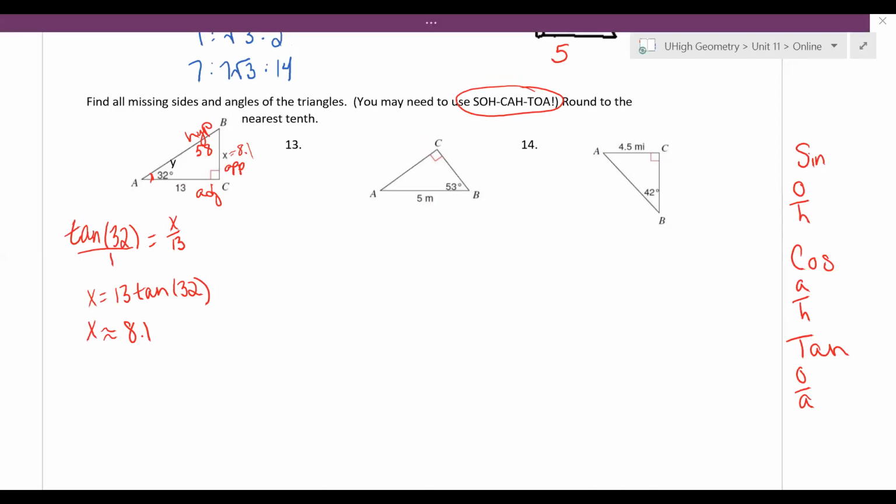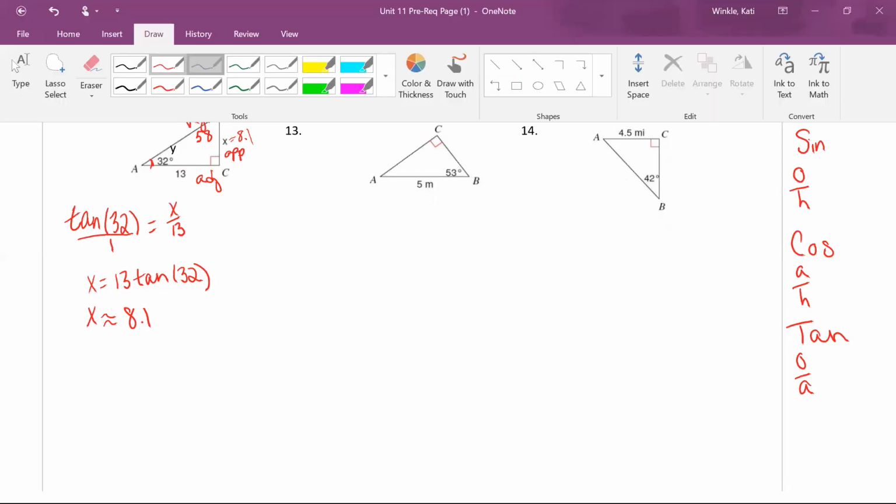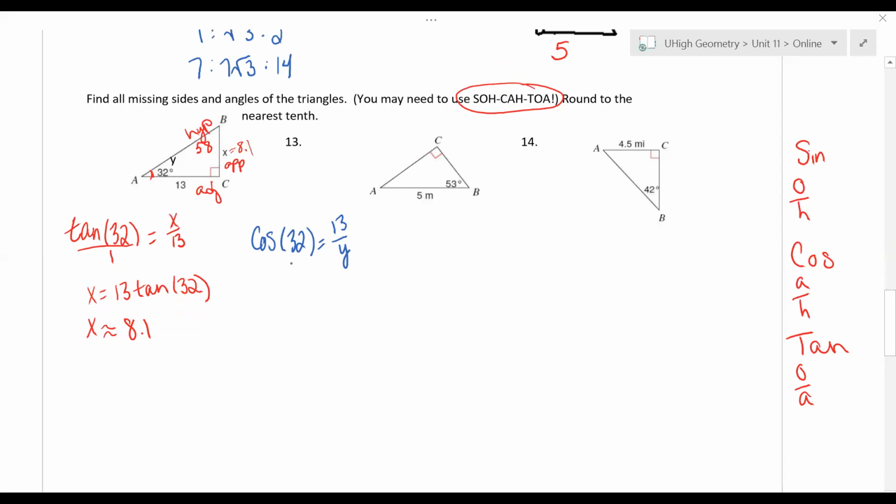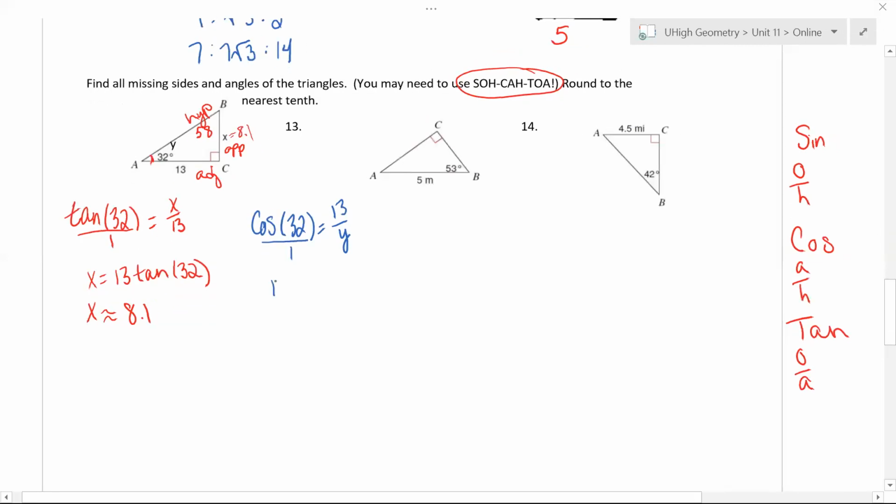So I could use my cosine of 32 degrees equals adjacent over hypotenuse and do my cross products. So I would get that 13 equals y times the cosine of 32.